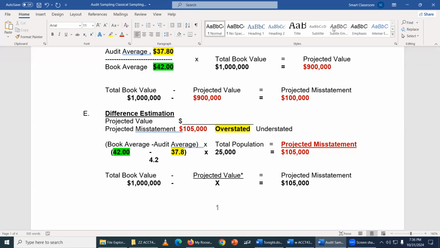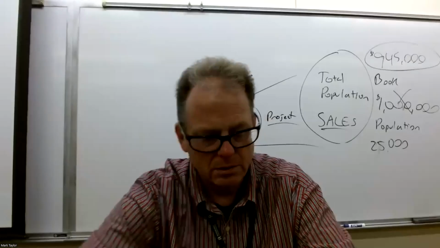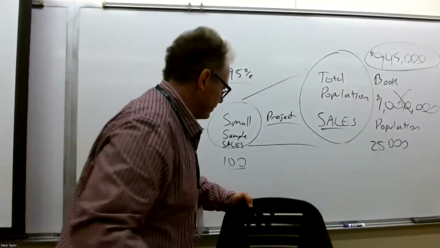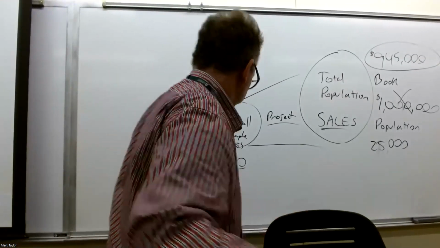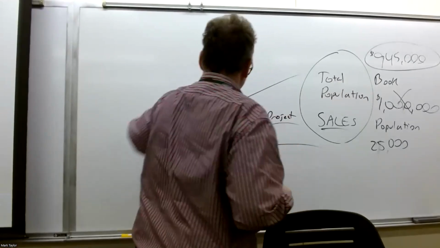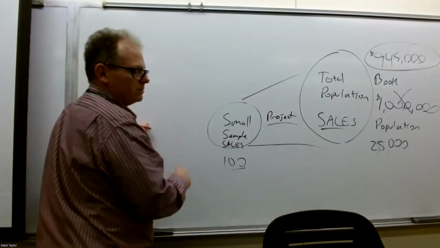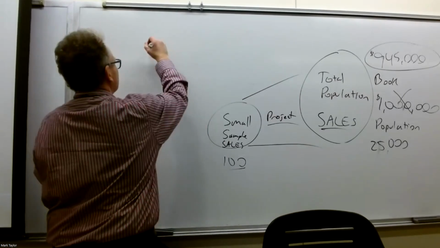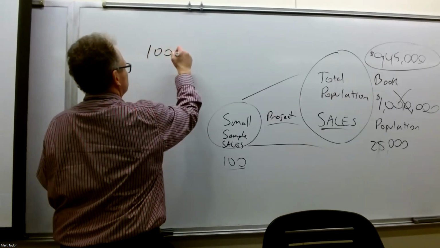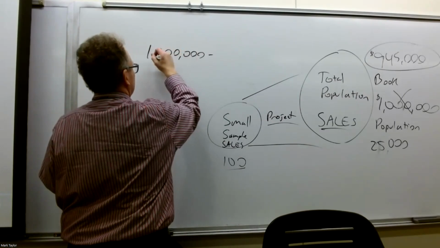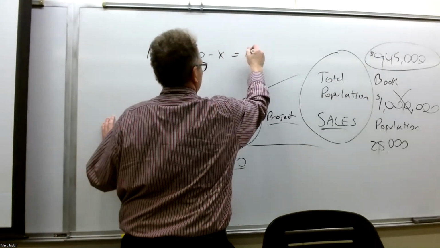I'm going to do that on the board just for kicks. So solving that for X would look like this. 1 million minus X equals 105,000.